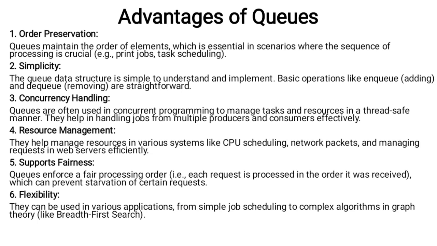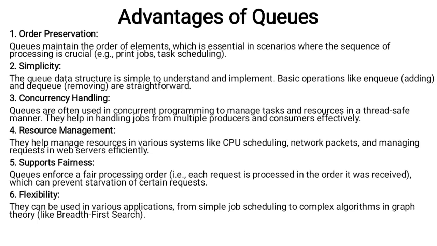Another advantage of using queues is that they are simple. The queue data structure is simple to understand and to implement. Then again, another advantage is resource management. They help to manage resources in various systems like CPU scheduling, network packets, and managing requests in web servers efficiently.